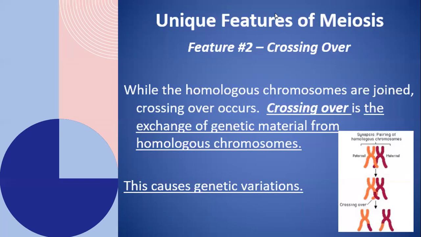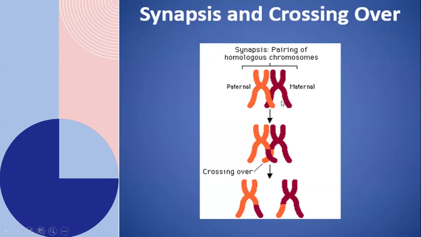Like we can see in the diagram, the two have synapsed with each other. Then they've exchanged small portions of each other. So the chromosomes that are formed each have got a portion from the other. So this has a portion from the other one. This is also having the portion from the other one. So they've exchanged genetic material, that is crossing over. And we're saying that the crossing over will lead to genetic variations. So we have our synapsis, they pair up, they form a bridge, then they exchange genetic material.